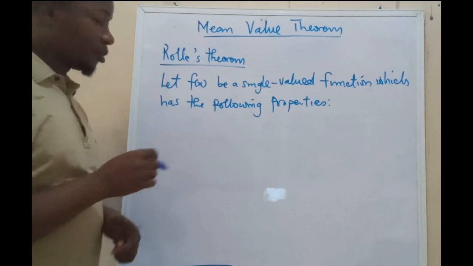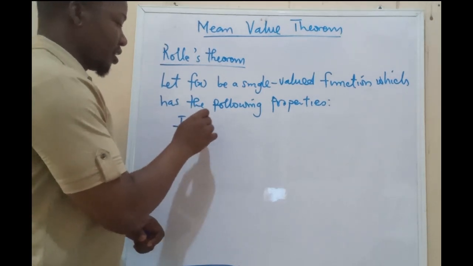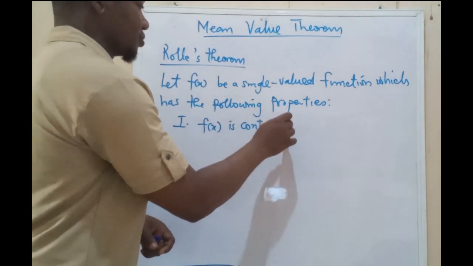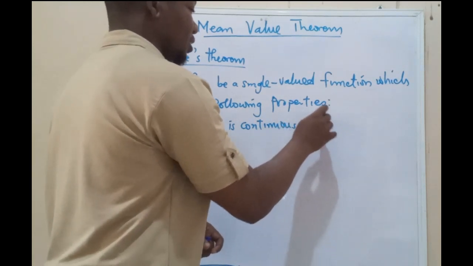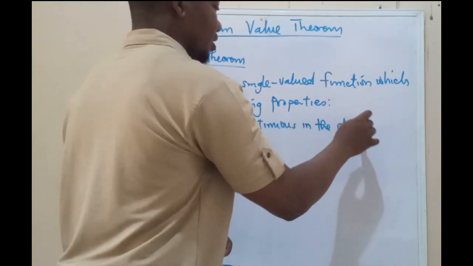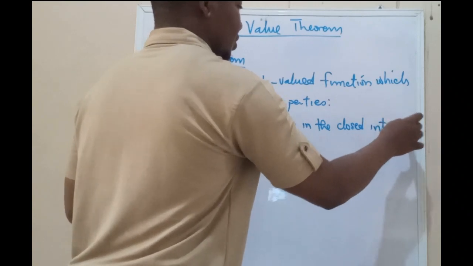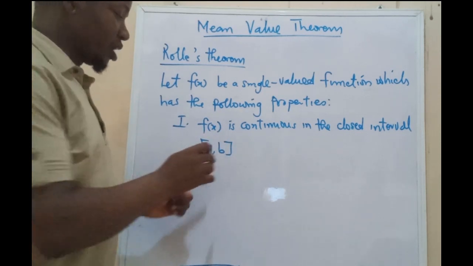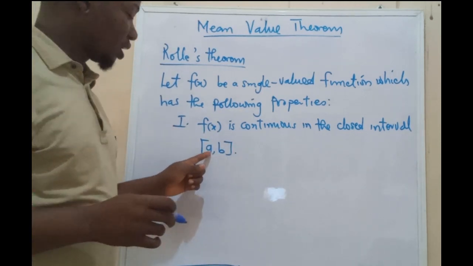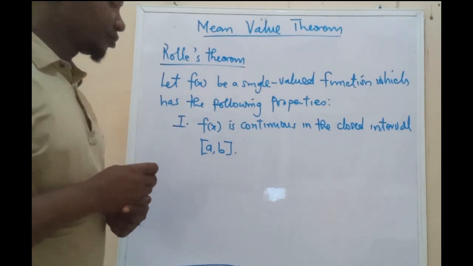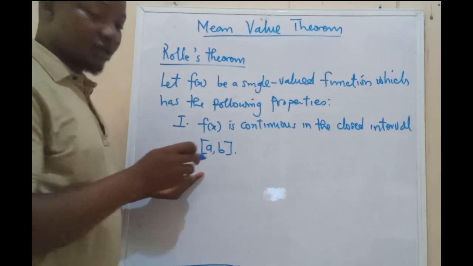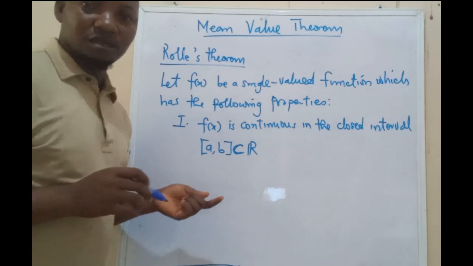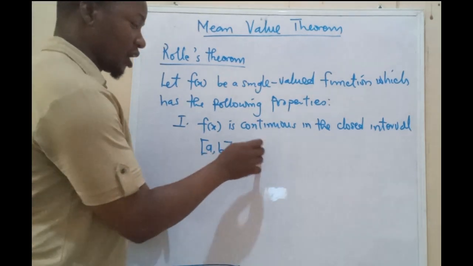Number one is that f of x is continuous in the closed interval [a, b], where a is the lower limit of the interval and b is the upper limit. And of course, when we say an interval of this form, it means an interval that is a subset of the real numbers R.